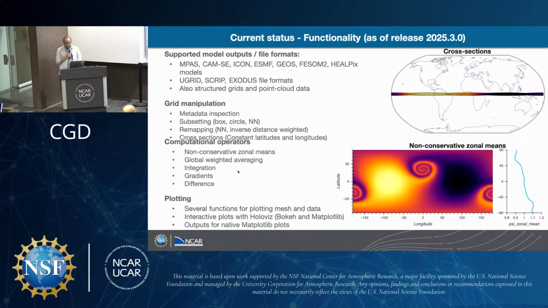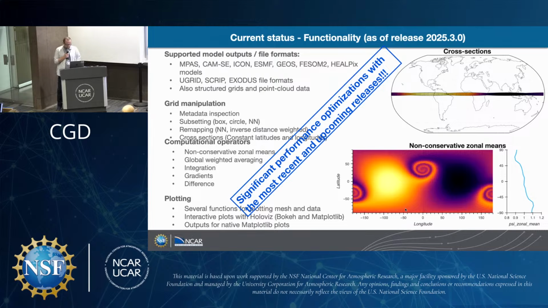And also we have functionality like gradients and integration, which would probably need to be improved as well, but as a significant set of initial functionality, we have these there. And also plotting wise, I think we have several visualization functions already you can run using Matplotlib or the interactive HoloViz tool stack. And this is an output from non-conservative zonal mean.